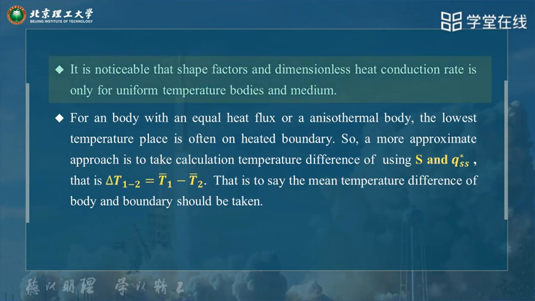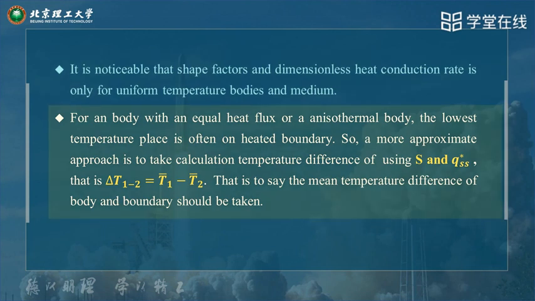It is noticeable that shape factors and dimensionless heat conduction rate are only for uniform temperature bodies and media. For a body with an equal heat flux, the lowest temperature place is often on the heated boundary.